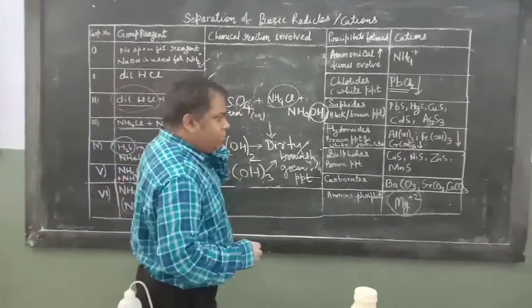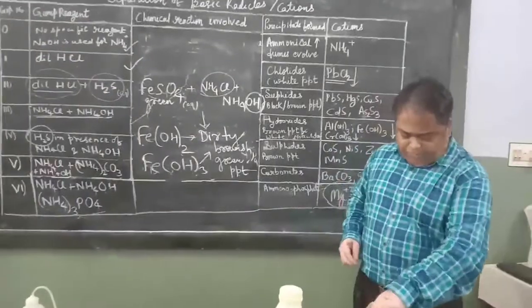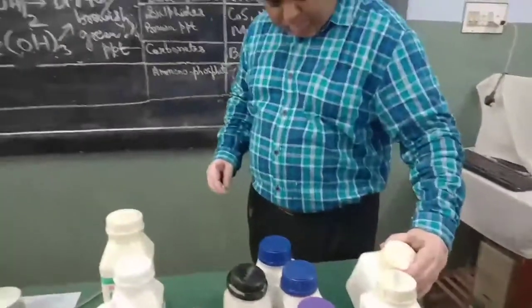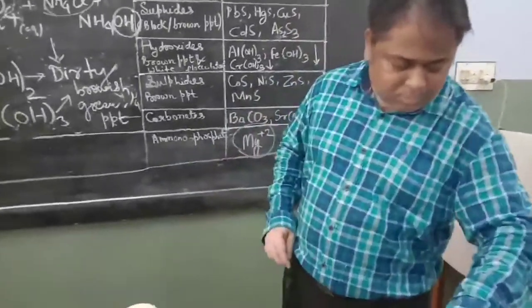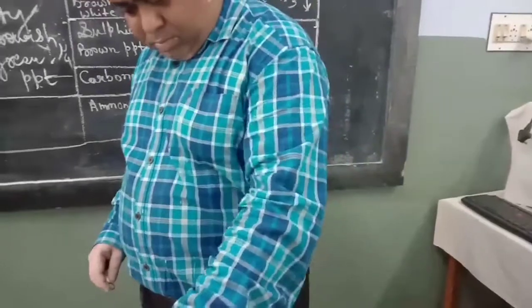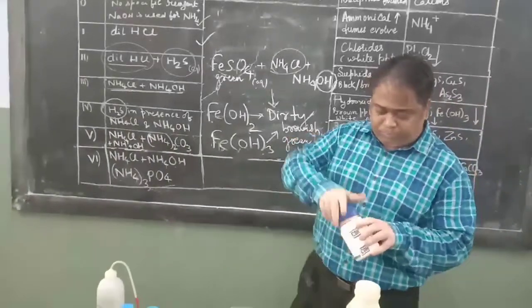Similarly, if instead of getting a dirty brown precipitate, we had got a gelatinous white precipitate, say I am taking aluminum sulfate now.